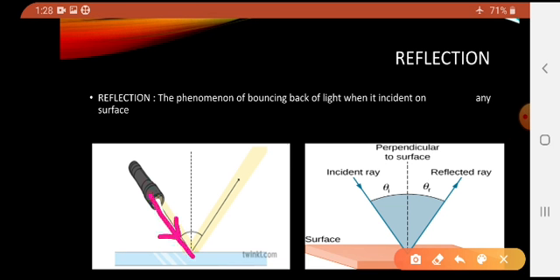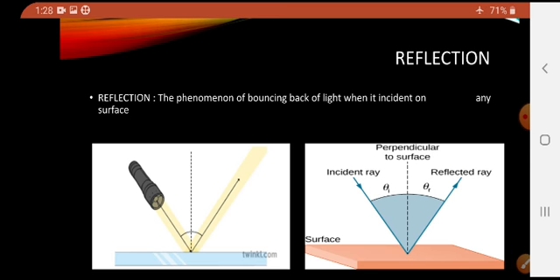This is the incident radiation, then it comes back. The ray which is coming is called the incident ray, and the ray which bounces back into the same medium is called the reflected ray.